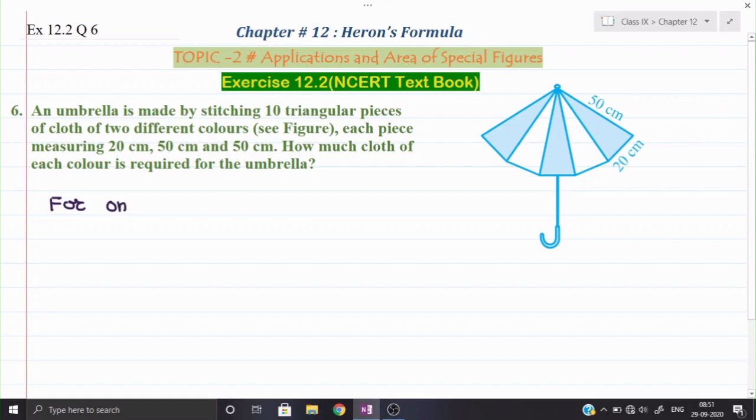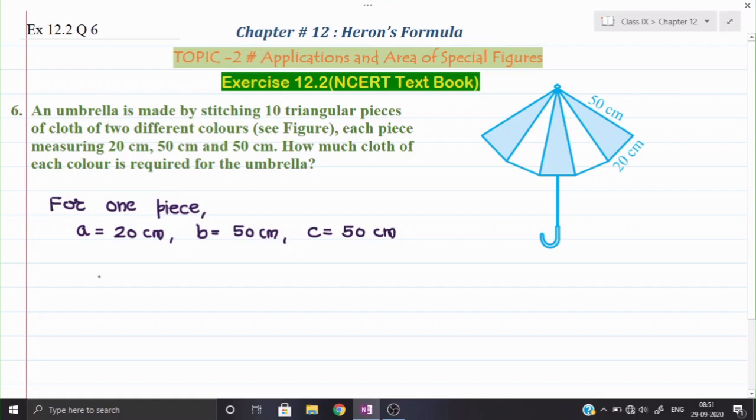For one piece, we can say that the one piece is in the shape of a triangle. So the value of A is given here as 20 centimeter, B is 50 centimeter, and C is again 50 centimeter.